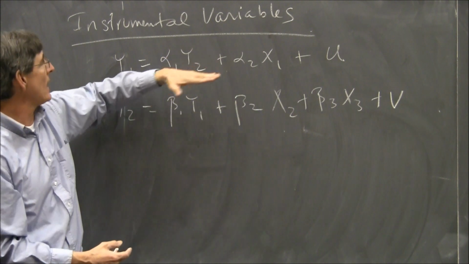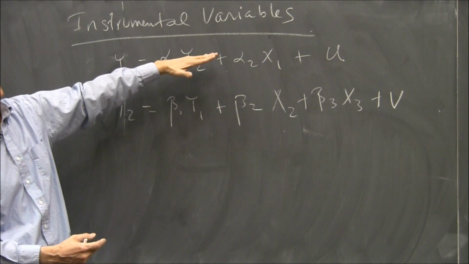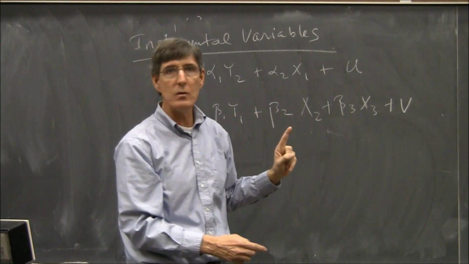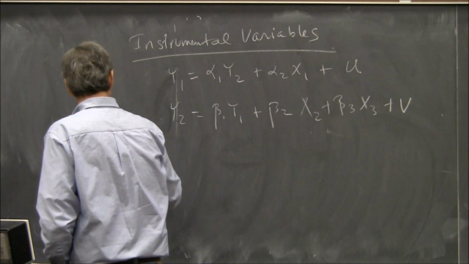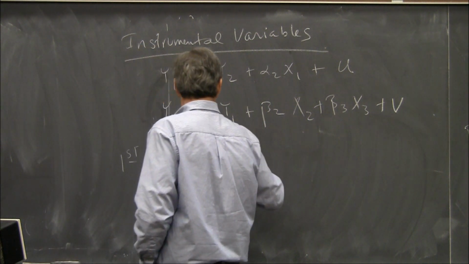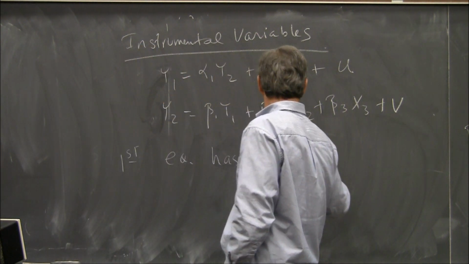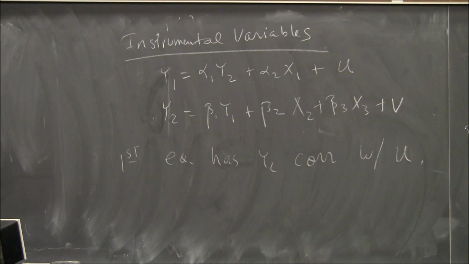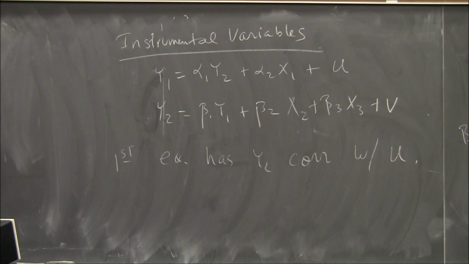Now what if I want to estimate this one? Well, now it's a little bit different because I have 2 instruments. So the first equation has y2 correlated with u, just like before. What to use as instruments?